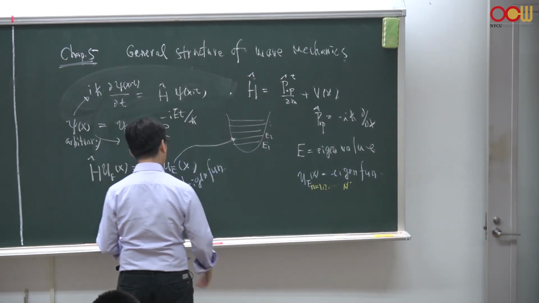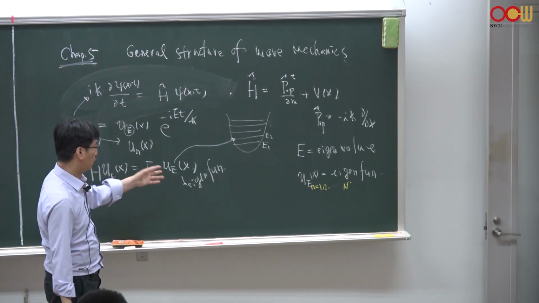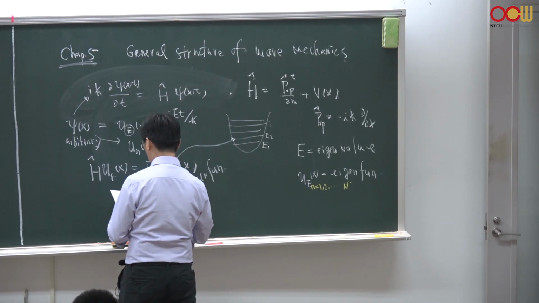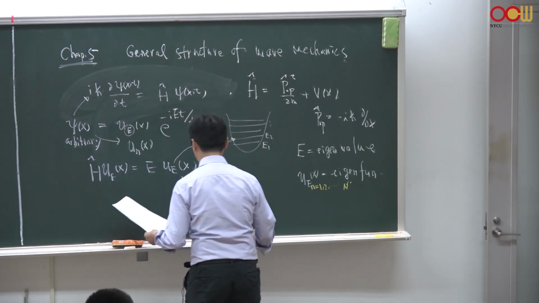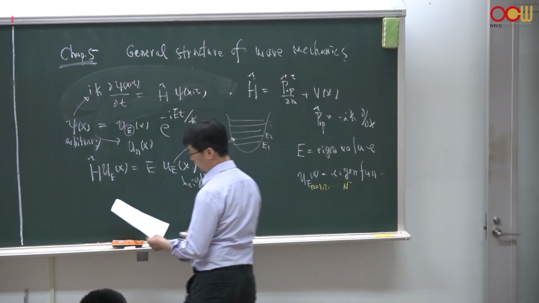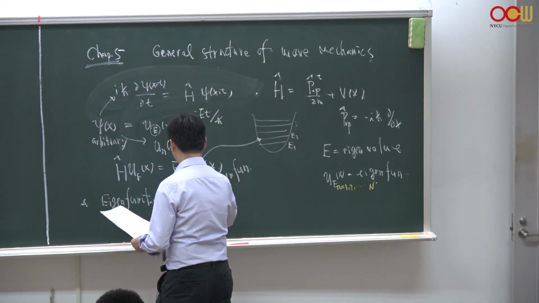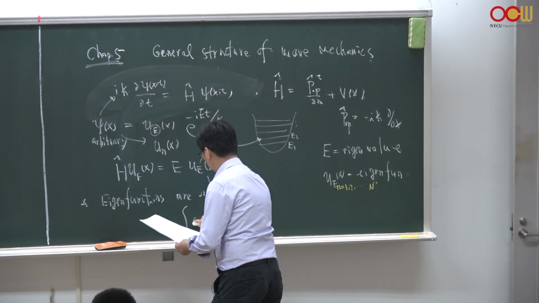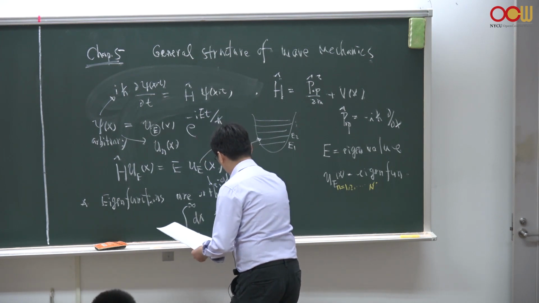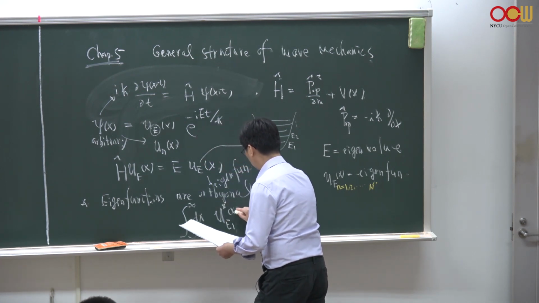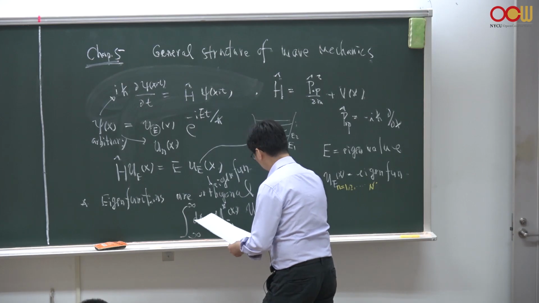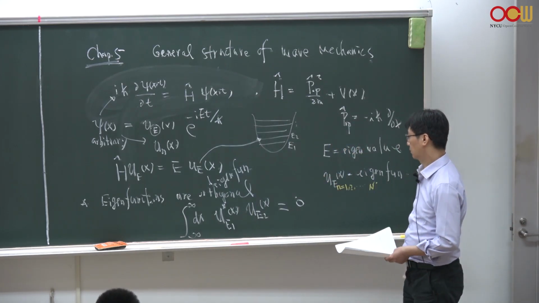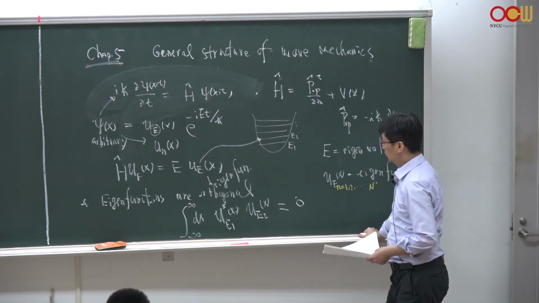Good. So suppose we already found such eigenstates and eigenenergies, and we can show that those eigenfunctions are orthogonal, as I just proved a moment ago. Meaning, if we take the overlap integral of u_E1 star and u_E2 for any E1 and E2 states, I find that this should vanish.